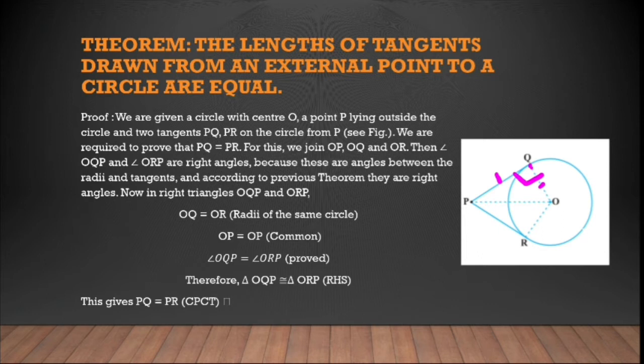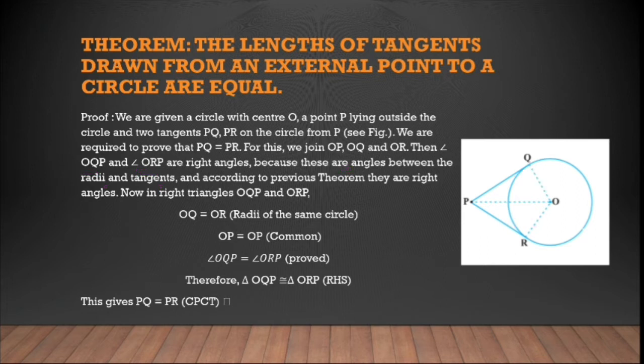Similarly, if you consider the tangent PR, this angle is also 90 degrees. So you can say that angle OQP is equal to angle ORP. Angle OQP and angle ORP are right angles because these angles are between the radii and the tangents.